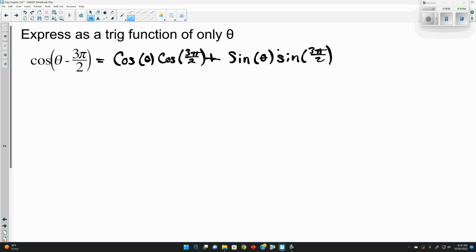Now 3 pi over 2 is a nice angle because it's straight down. It's 270. And that may or may not be easy or kind of difficult for y'all to remember. But if we think of the unit circle, it's broken up into 4 quadrants, yes? So the positive x-axis is 0.